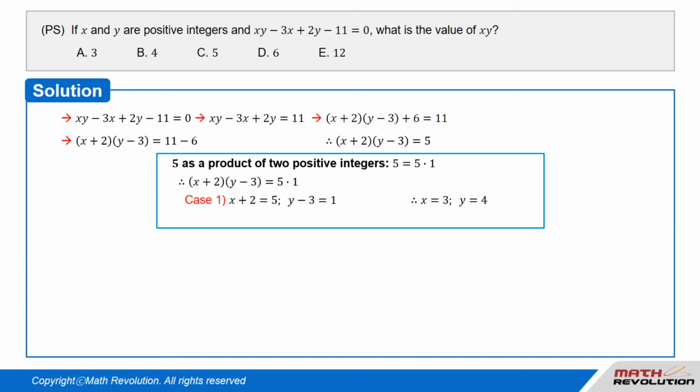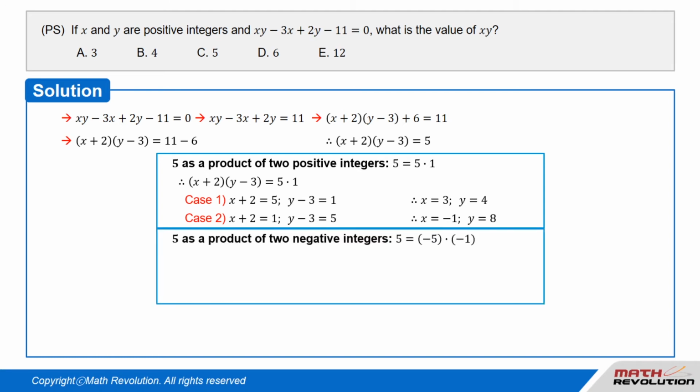Rearranging the equations gives us x = 3 and y = 4. Also, we can take x + 2 = 1 and y - 3 = 5, which gives the answer x = -1 and y = 8.